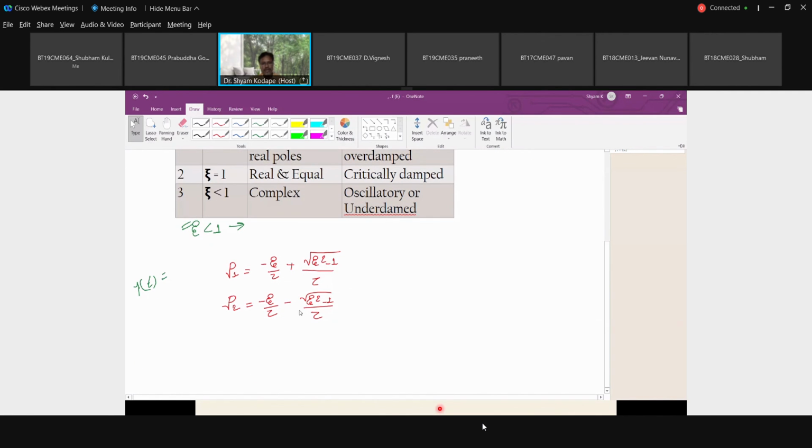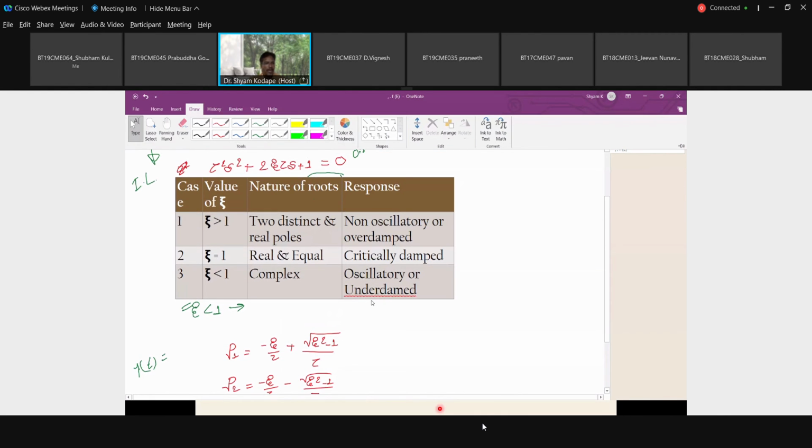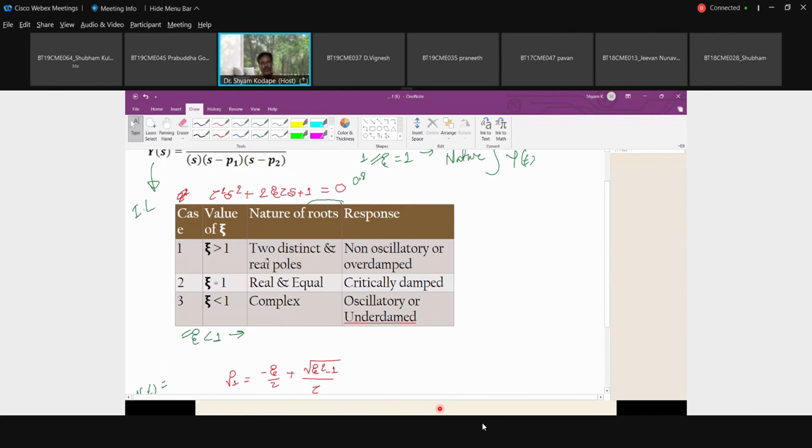It will also be a real one, but on the negative side. So the nature of roots will be two distinct and real poles when xi is greater than 1. This particular condition is called the overdamped condition, when the damping factor is greater than 1.